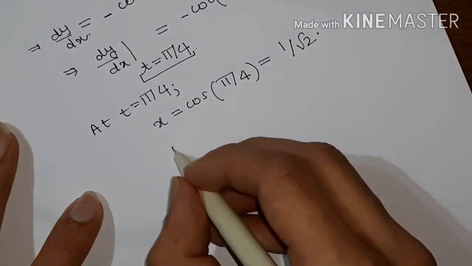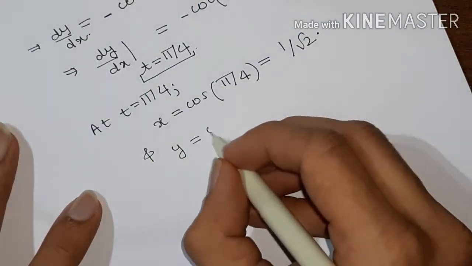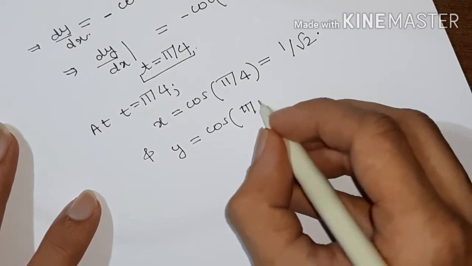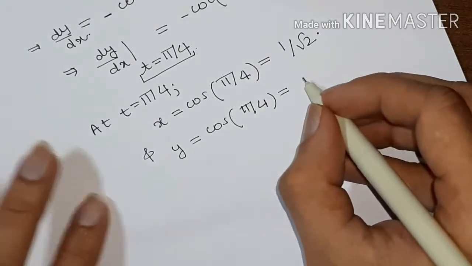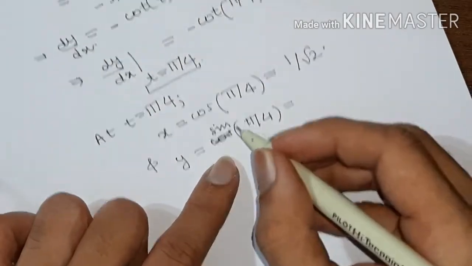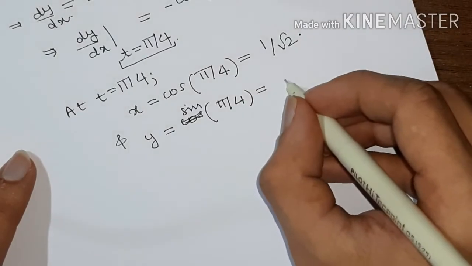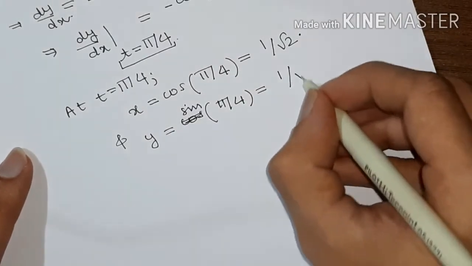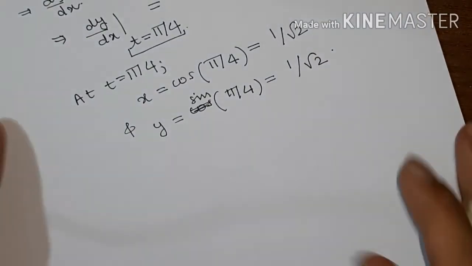And y is equal to, sorry, sine of pi by 4, because y is sine t. So y is sine of pi by 4, which is again 1 by root 2.